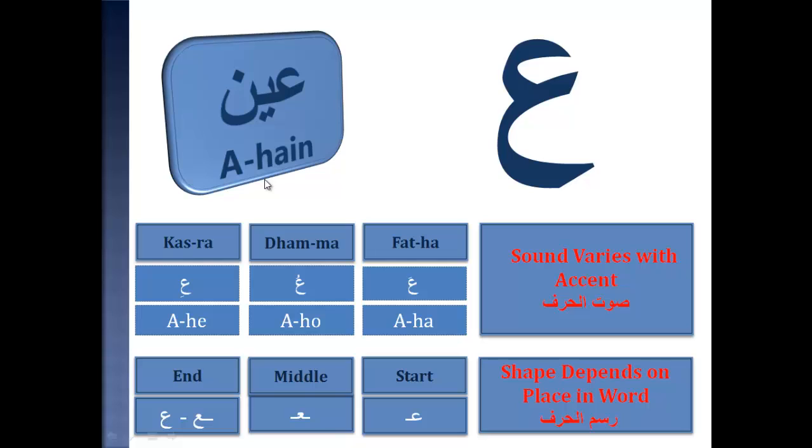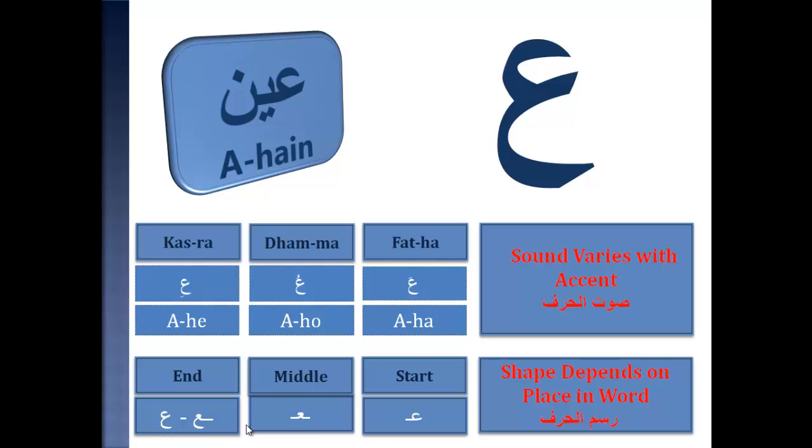The next letter is Ain, and the three basic sounds are a, u, and i. Similar to the Jim, Ha, and Kha, only the top part of the letter appears for the beginning and the middle, and the top and the curved part are written at the end.